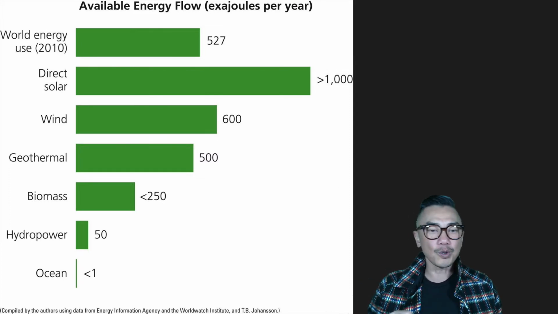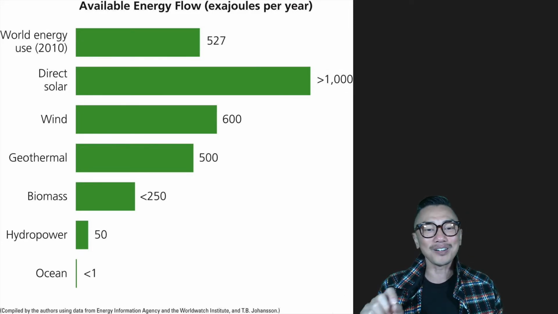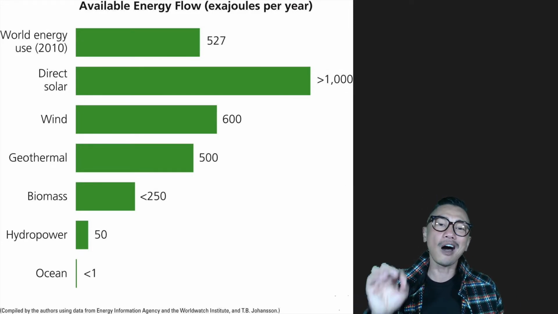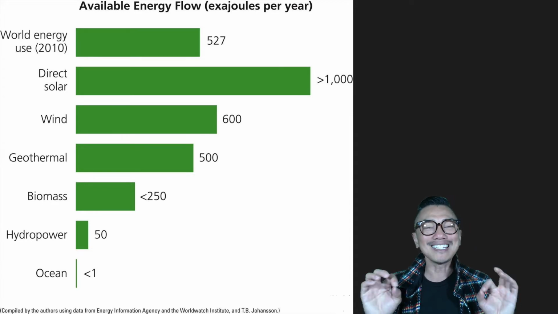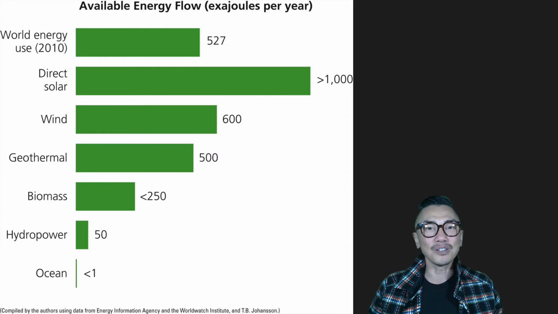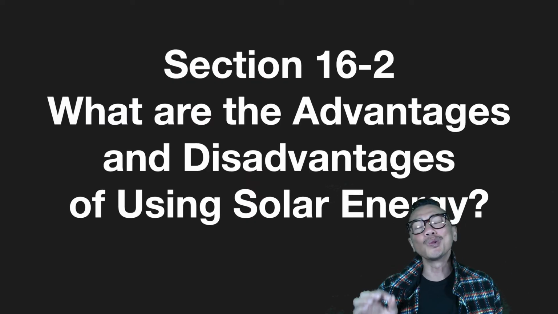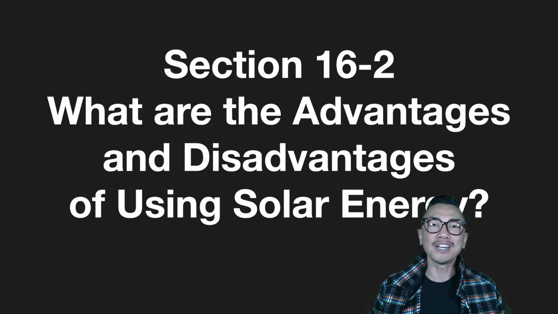Some of these sources can provide the energy that the world used in 2010 on their own, but if used in combination with one another, can easily meet the world's demand for energy today and into the future. In section 16.2, we'll look at the advantages and disadvantages of using solar energy.